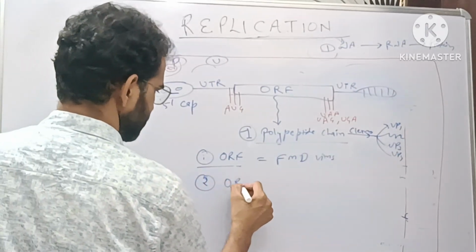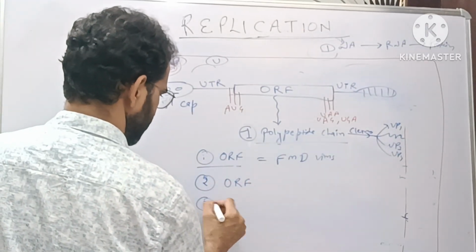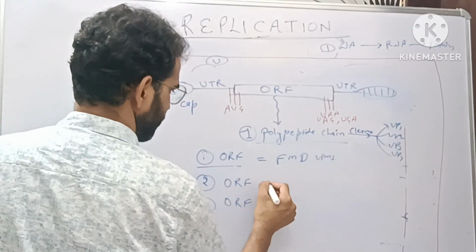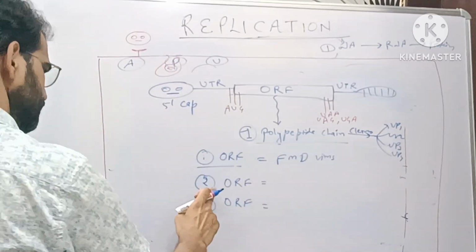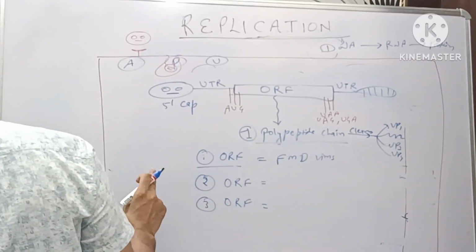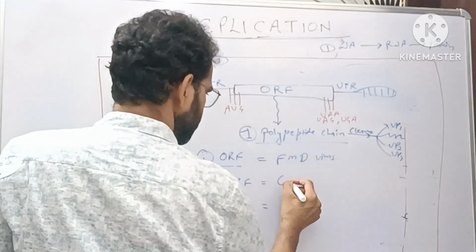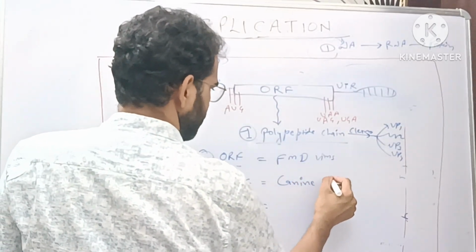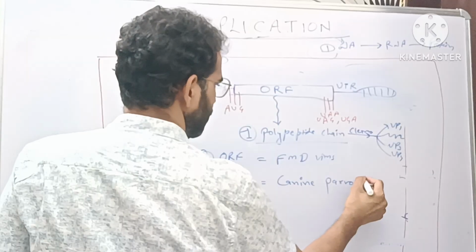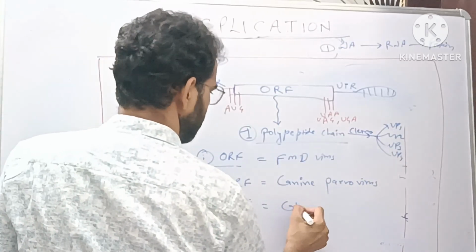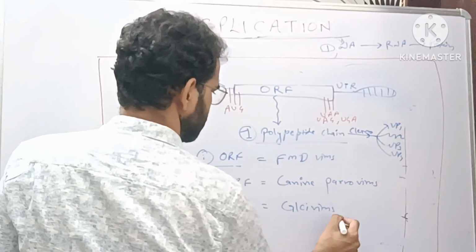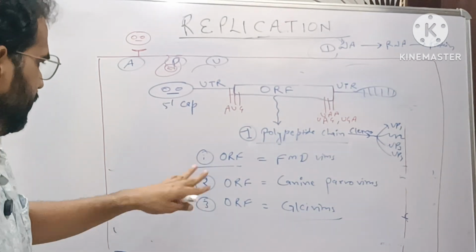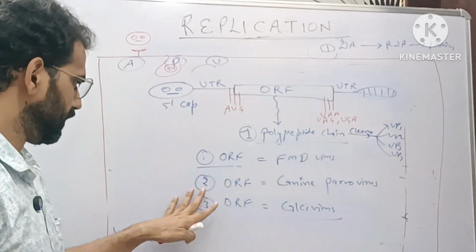Some viruses have 2 ORFs, some have 3 open reading frames. Two ORFs are in canine parvovirus, and 3 are in calicivirus. So it depends on how many ORFs.